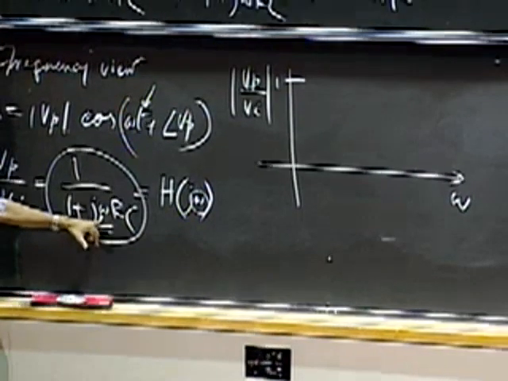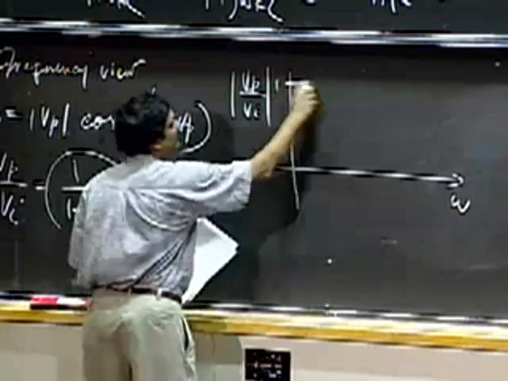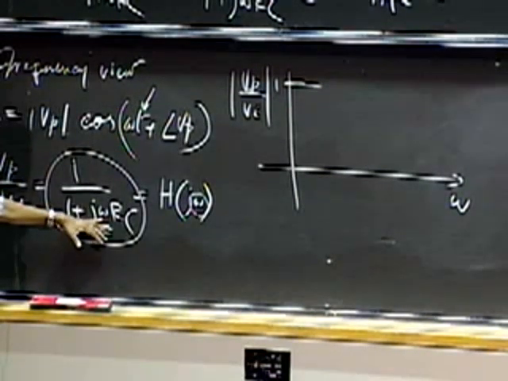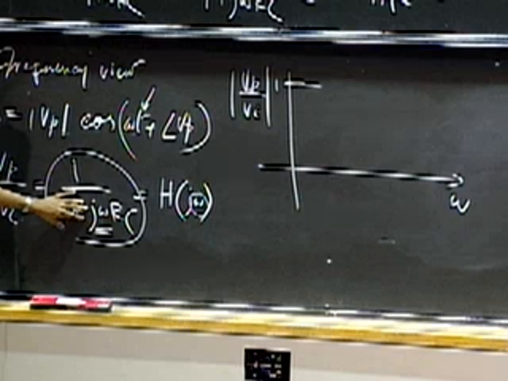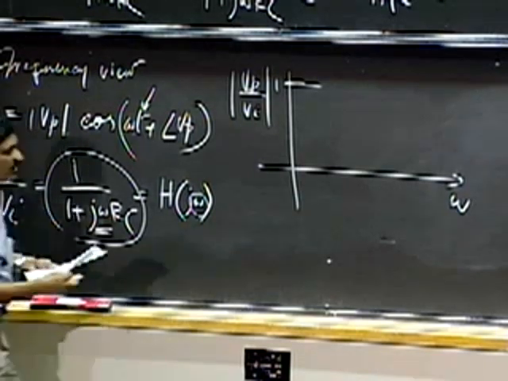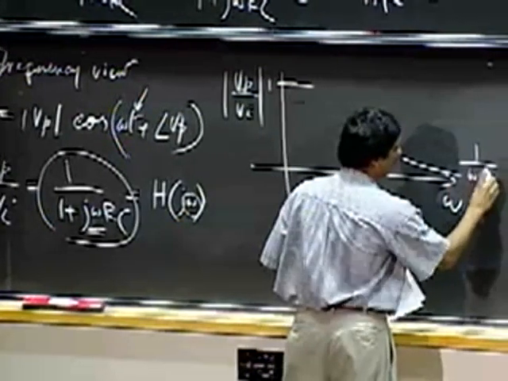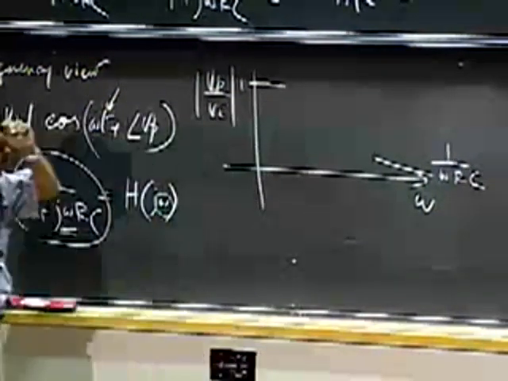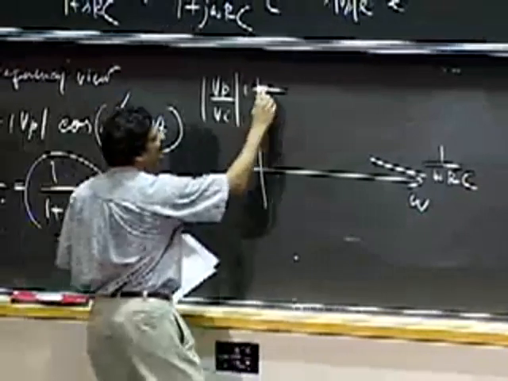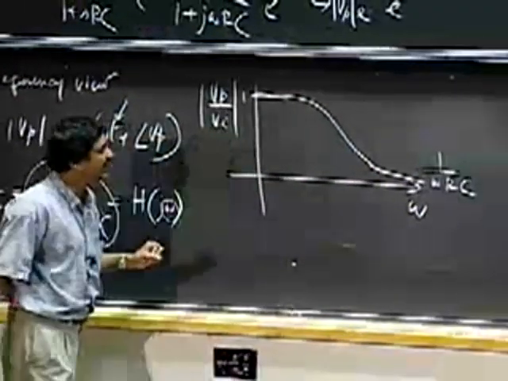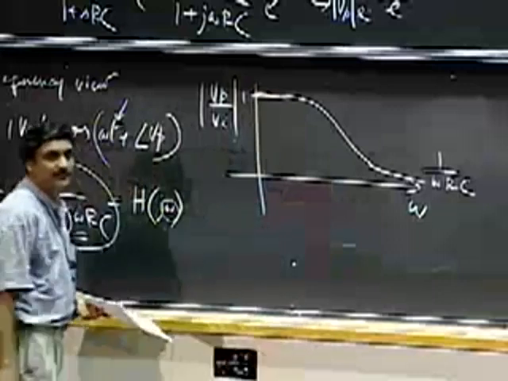For omega close to 0, this is 1, so it starts off here. And when omega is very large, it's much bigger than 1 here, so this goes down. This one looks like 1 by omega Rc. And this function, assuming I have linear scales on my x and y axes, looks like this.